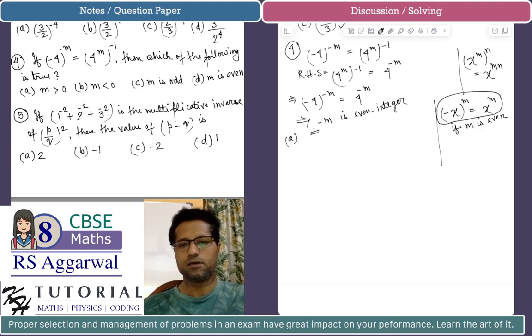So if minus m is an even integer, this will also imply m has to be an even integer. Clearly we can see that m has to be an even integer. It cannot be just m greater than 0 or m less than 0, or m is odd. Definitely it will not work. m has to be an even integer. So the correct choice is D.